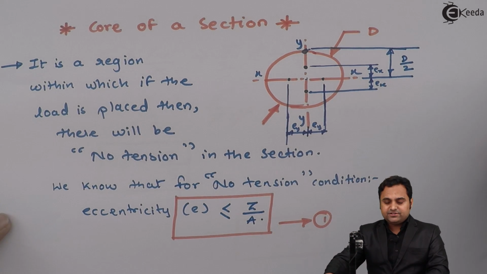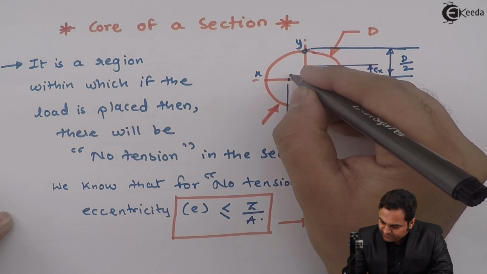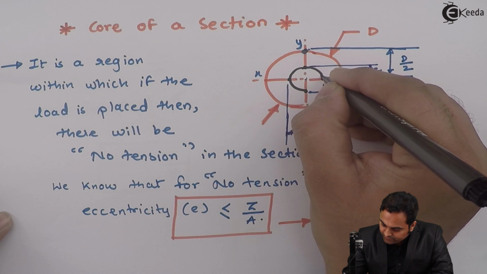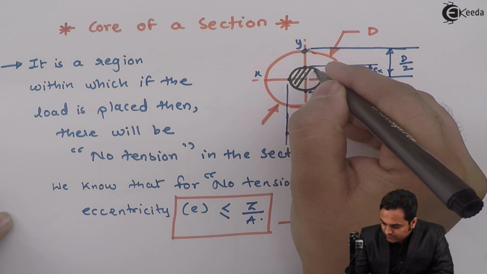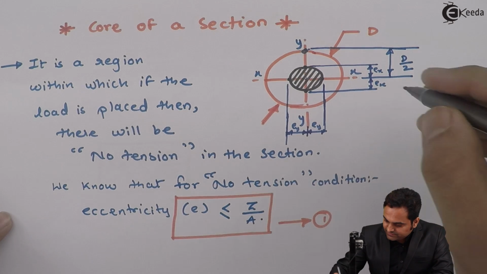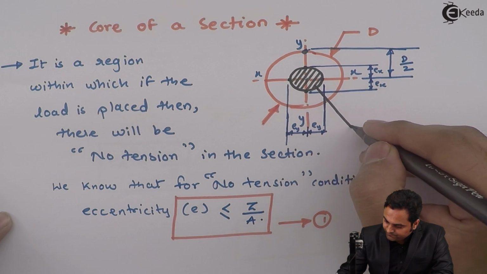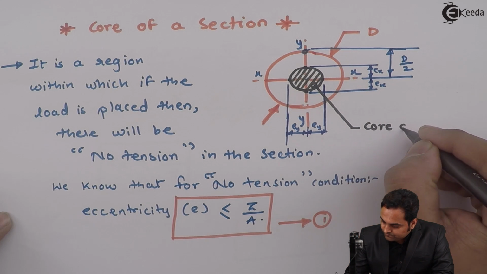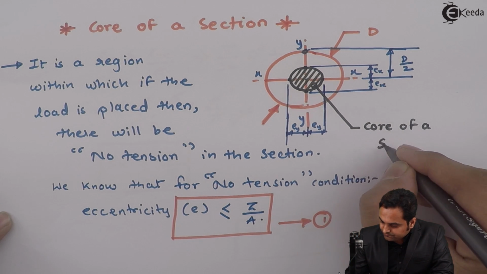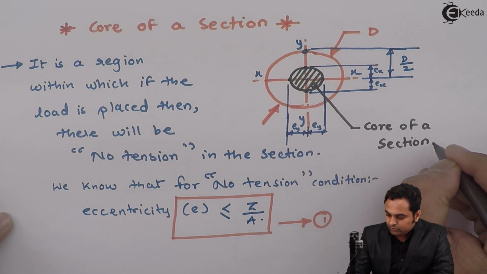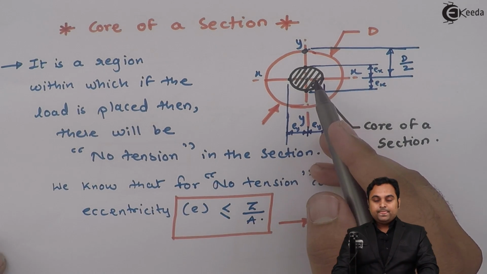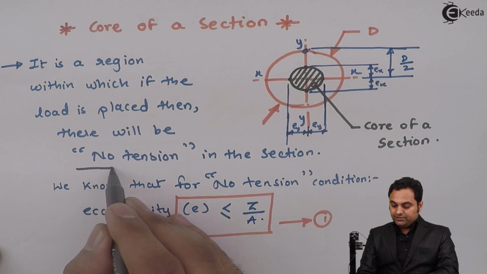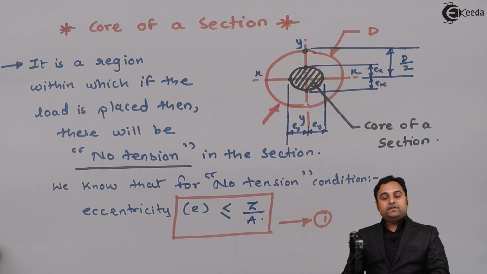So after this, if I see, here we are getting an area. If I join all the points with the help of a circle, I am getting an area, and this area is nothing but called as core of a section, and core of a section is that region within which if we are placing the load, then there will be no tension in the section.